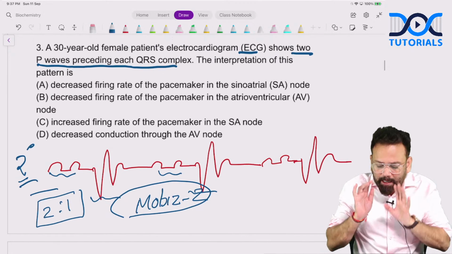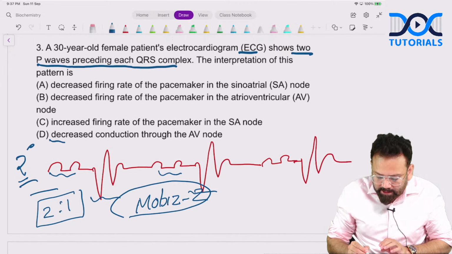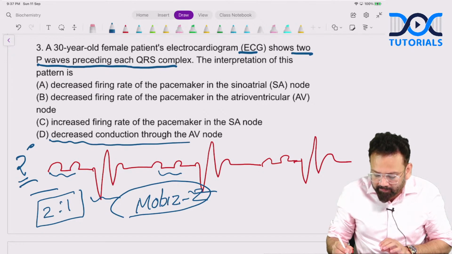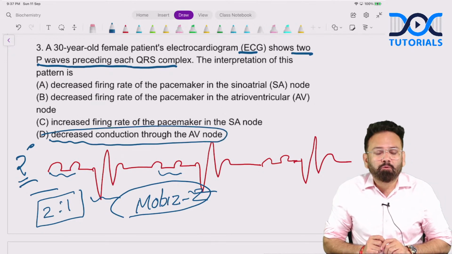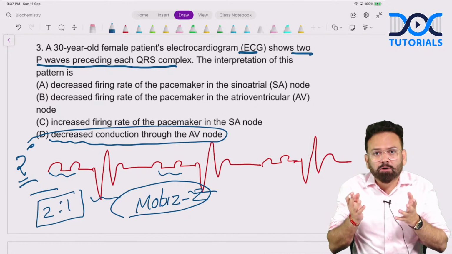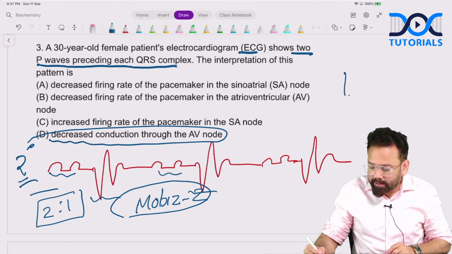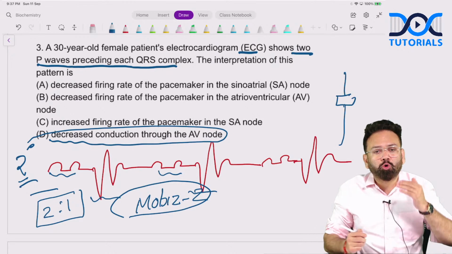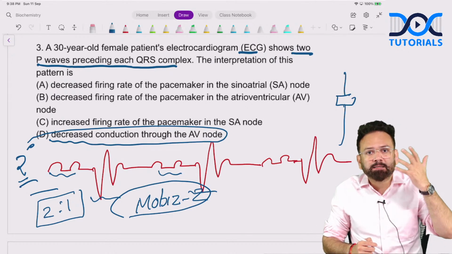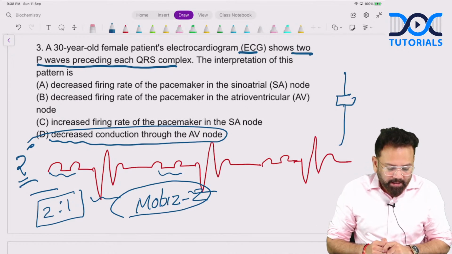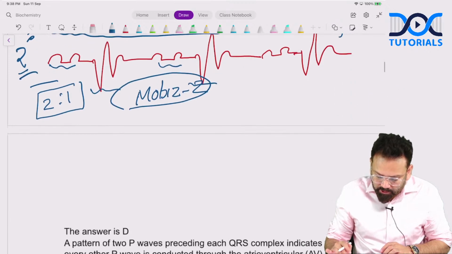So in all types of heart block, there is decreased conduction through the AV node. Heart block means AV nodal delay is increased. So the answer will be D. Clear? Okay, next question.